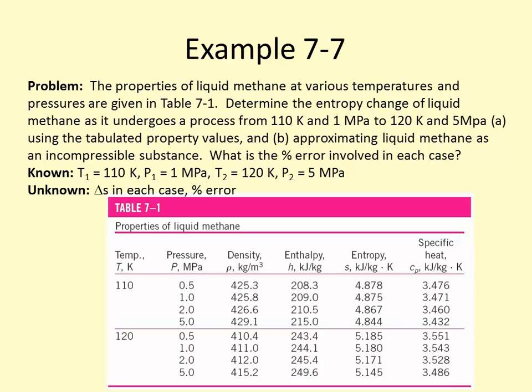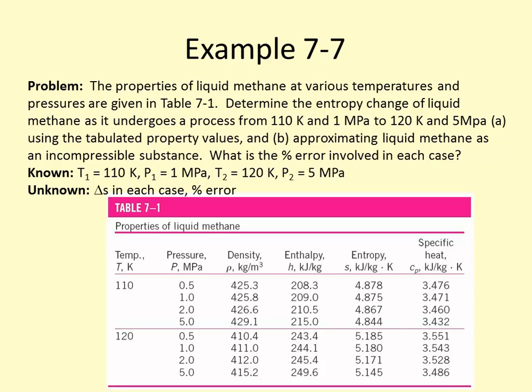So what's our C value at 110 Kelvin? 3.471. Plus what's our other C value? 3.486. 3.486 divided by 2 gives us 3.4785 kilojoules per kilogram Kelvin. So we can plug that in: C average, 3.4785.